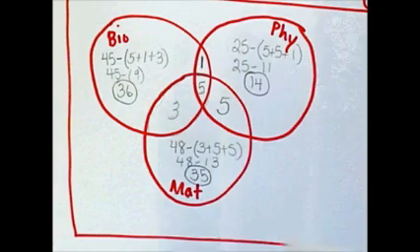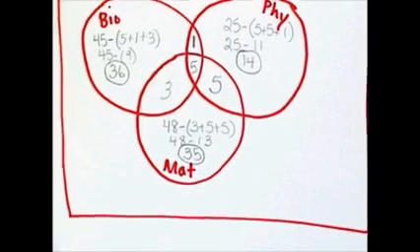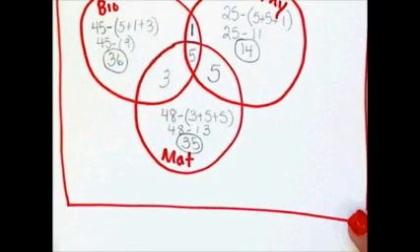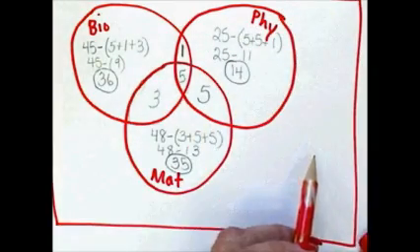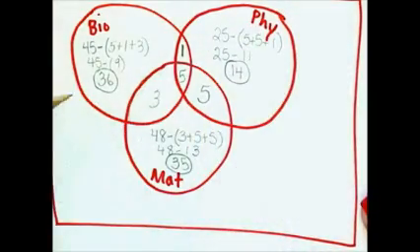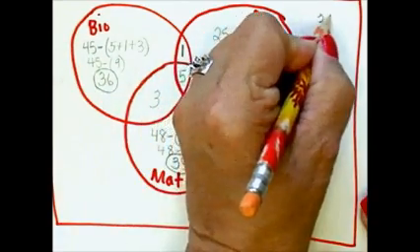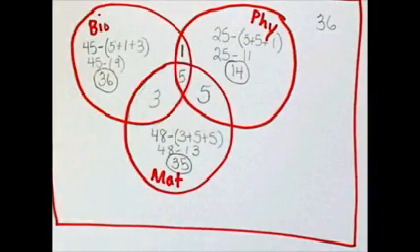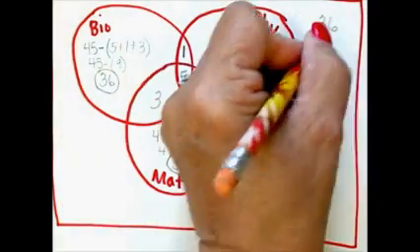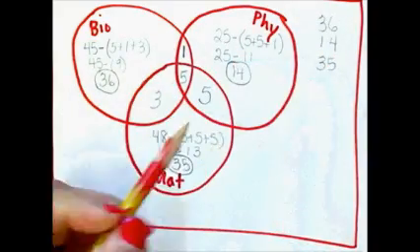All right, now our question is, how many didn't take anything? So what we have to do is total all the students who are enrolled in courses. I think you can see it better if I just write it down here. So I have 36 here. Let's go ahead and do the ones that are just in one subject. I have 36, I have 14 here, and I have 65 here. Now let's look at the overlap in the center.